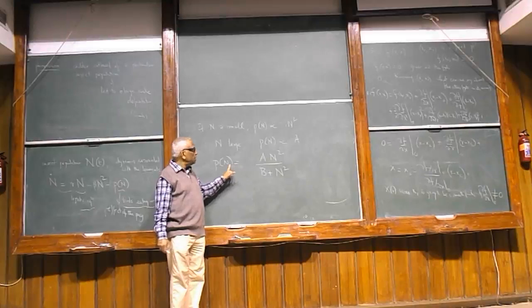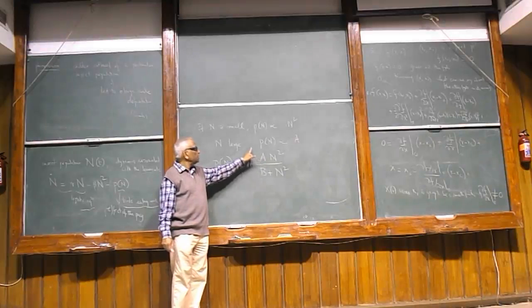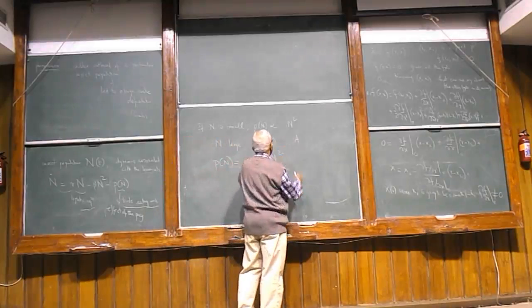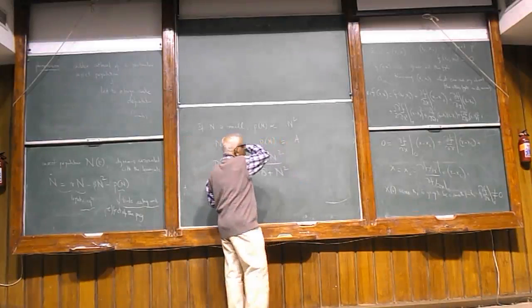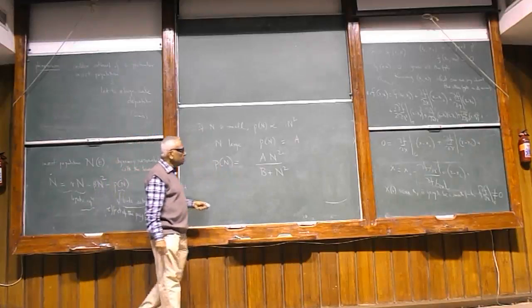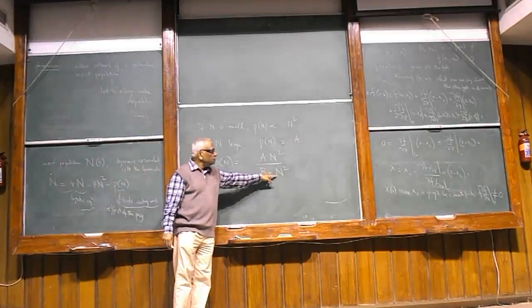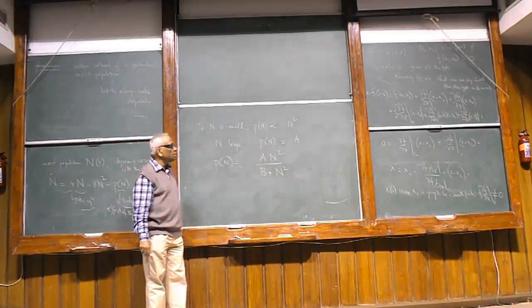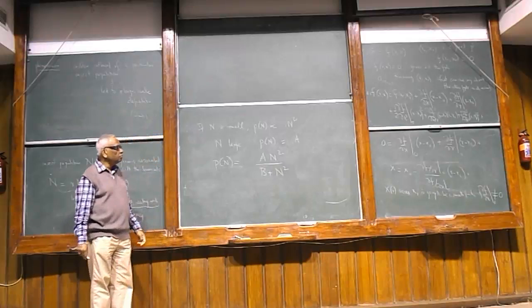And if n becomes very big, then, sorry, this should have been P of n equal to a. It's a constant, diminishing at a constant rate. So n becoming large, this term dominates, this goes away, and P of n is equal to a. So here is this functional form.